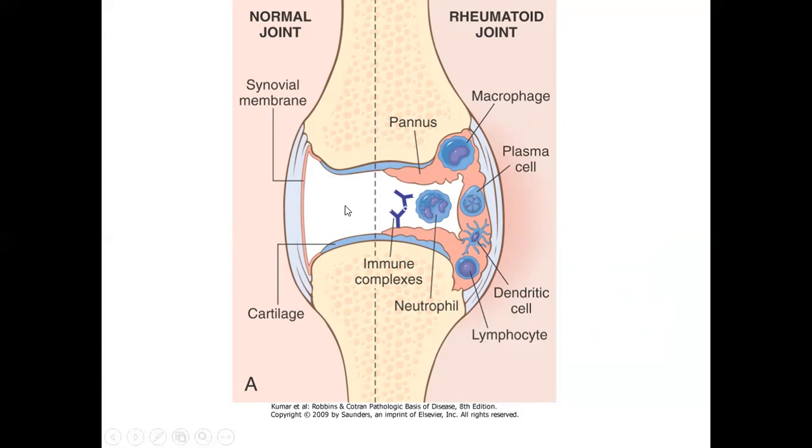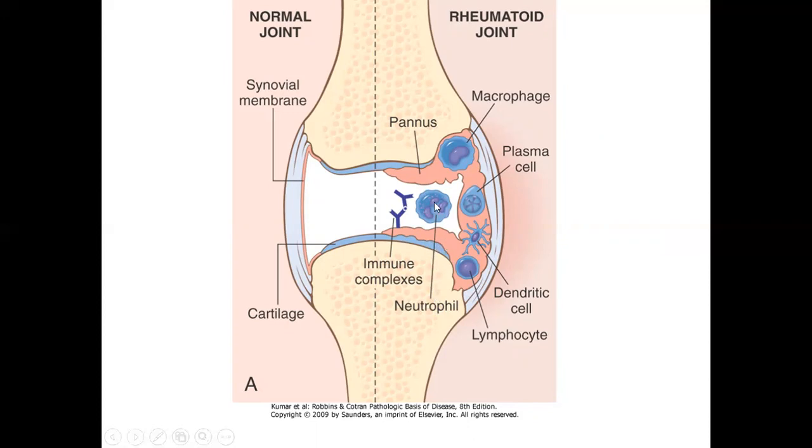And in rheumatoid arthritis, there is cellular activation, that is macrophage activation, which secretes cytokines. Then plasma cells form antibodies. Then T helper cells recruit other cells, neutrophils, fibroblasts, chondrocytes.